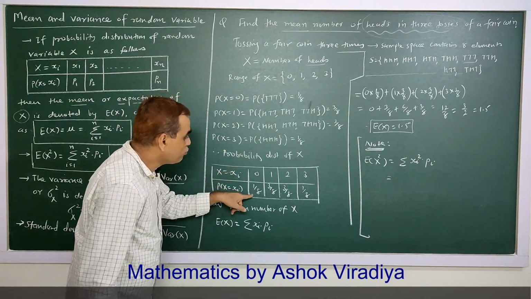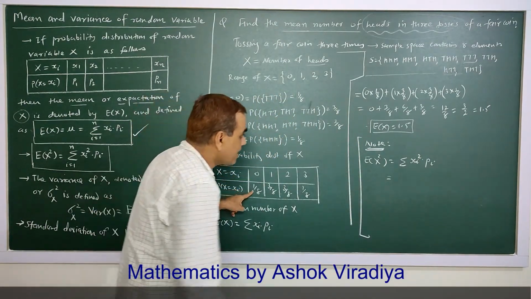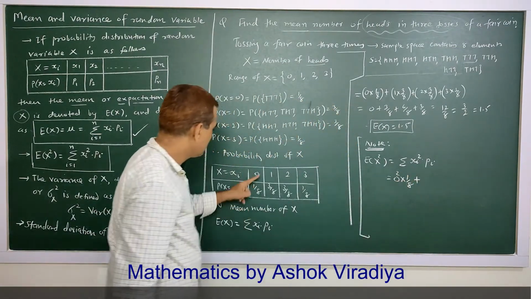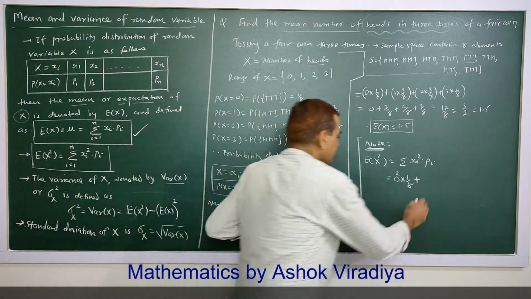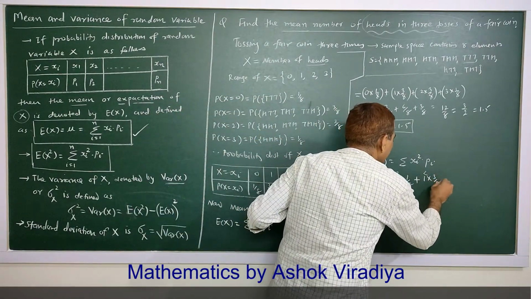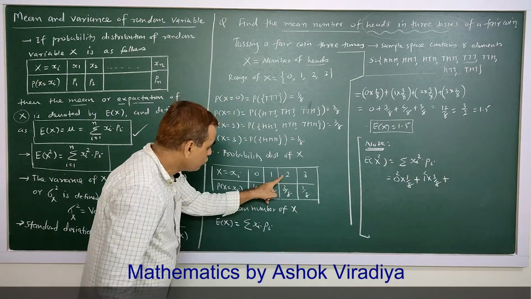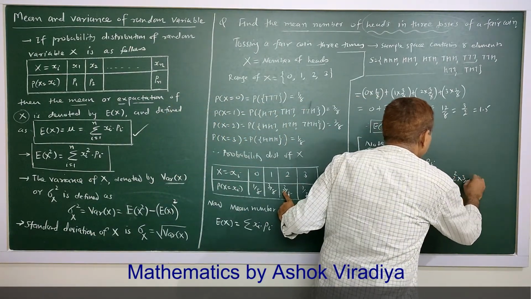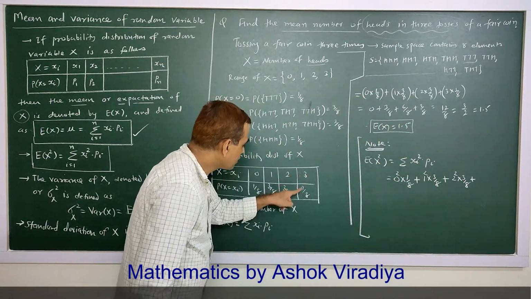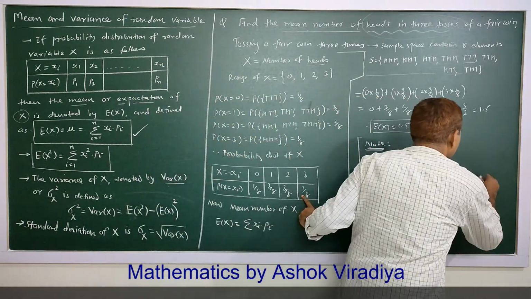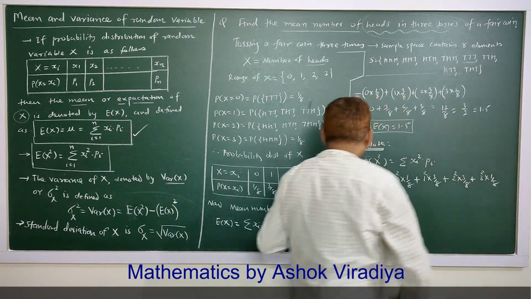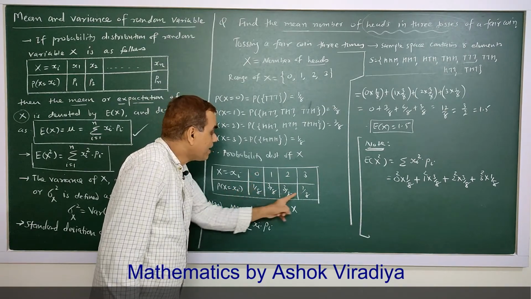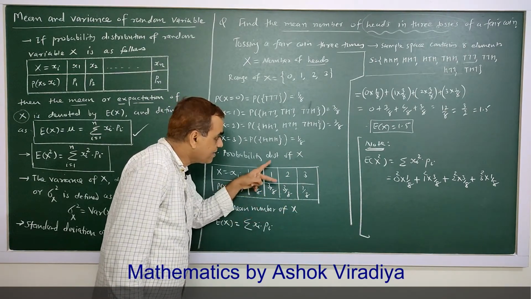That means 0 square into 1 by 8 plus 1 square into 3 by 8 plus 2 square into 3 by 8 plus 3 square into 1 by 8. So what I have done is the square of this number is multiplied by the probability and the products are added.